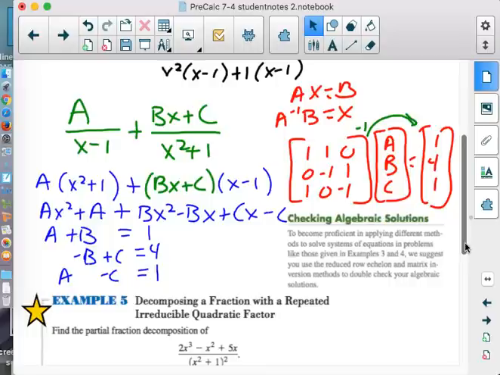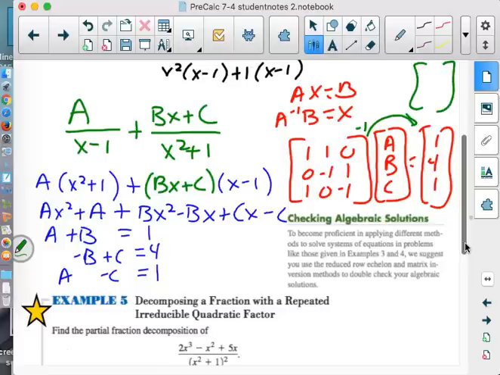And these answers just pop up because we had a 3 by 3 and a 3 by 1. Our result vector is a 3 by 1. I'm running out of room. And you do the same thing we did before. You'd say, well, where does my A, B, and C go?